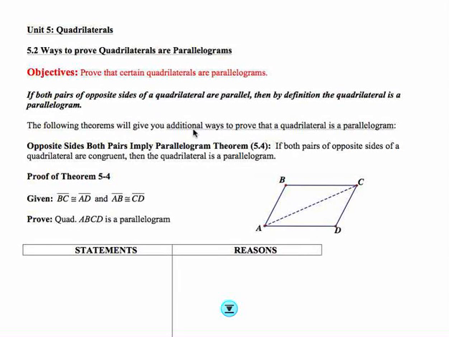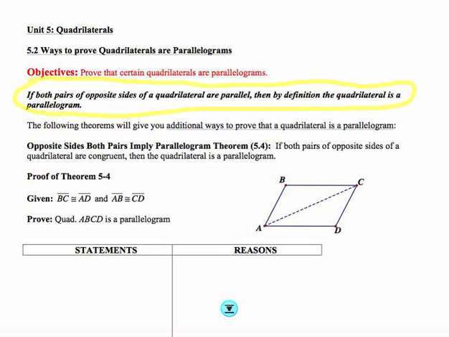Okay, welcome to lesson 2 for quadrilaterals, and the focus of lesson 5.2 is ways to prove quadrilaterals are parallelograms. Just a quick reminder, by definition, if both pairs of opposite sides of a quadrilateral, or four-sided figure, are parallel, then that quadrilateral is a parallelogram.